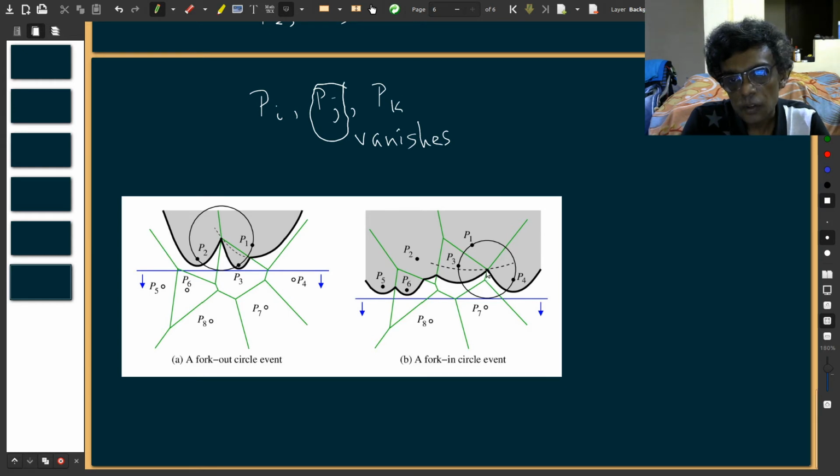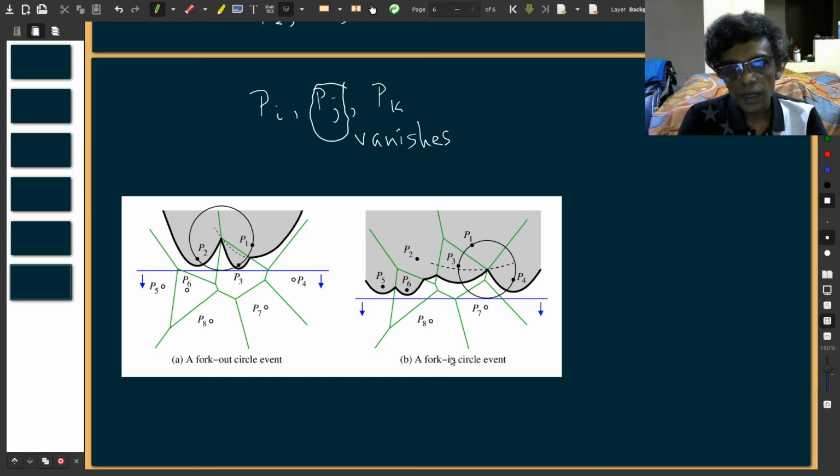This distance is also the same as the perpendicular distance of this point from the sweep line. So once again, earlier these were consecutive arcs, P3, P1, P4. So if I draw a circle through these three sites, its bottom point will trigger this circle event, which in this case is a fork in circle event. Okay.